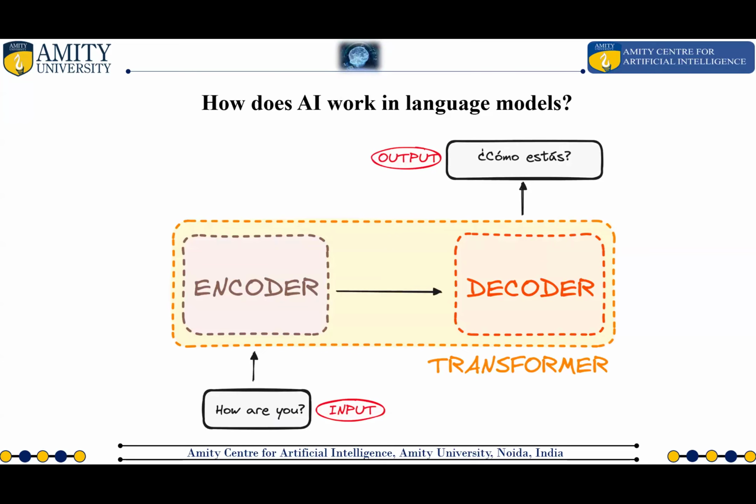For whatever task we give to them, they predict the output based on that. For example, here I have shown that English text has been given, how are you, which has been translated by the transformer into another language for another person. So it takes the input text and turns it into a series of vectors, the encoder encodes it, and then the decoder decodes it and predicts the next text.